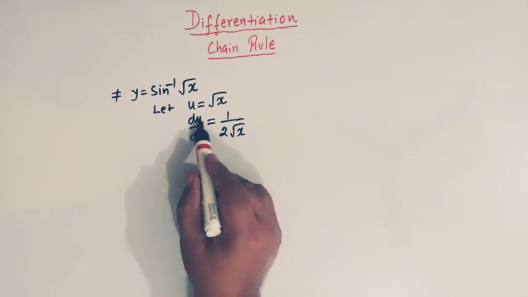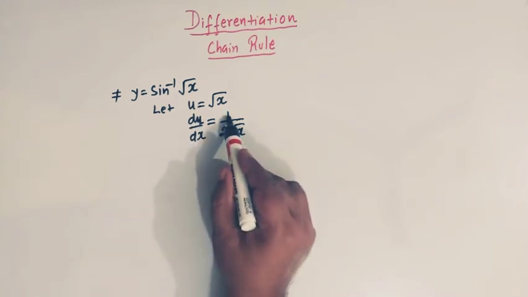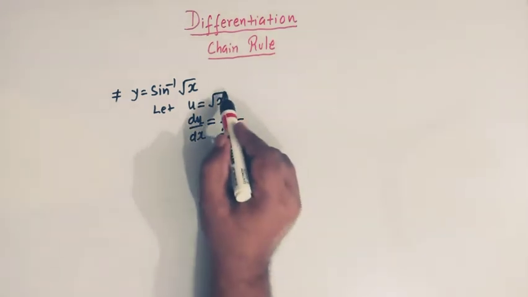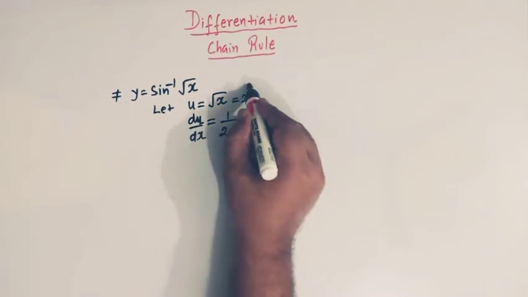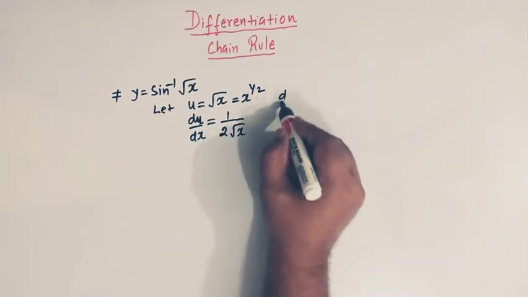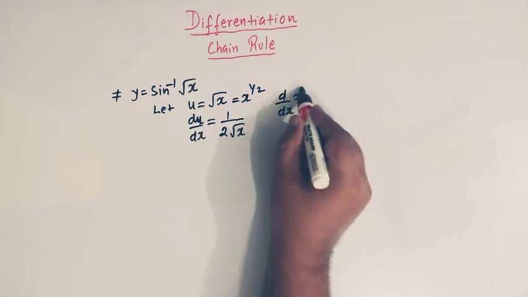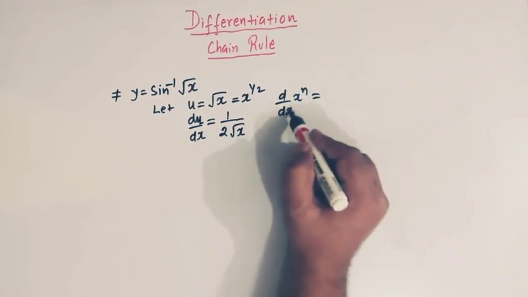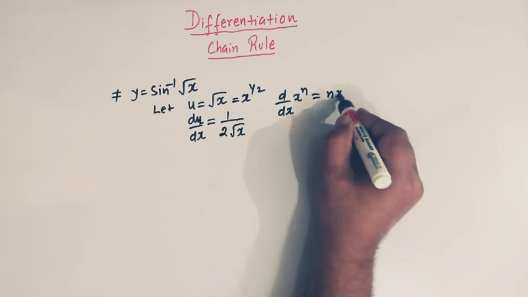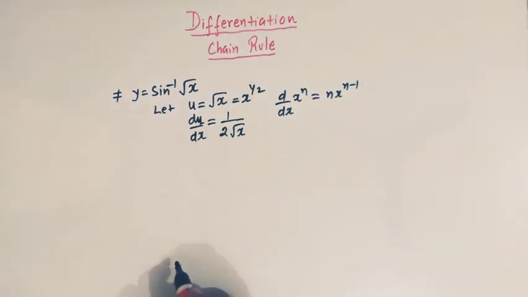So this is du over dx equal to 1 over 2 root x. So here we have applied the formula, that is, the derivative of x raised to n is n x raised to n minus 1.